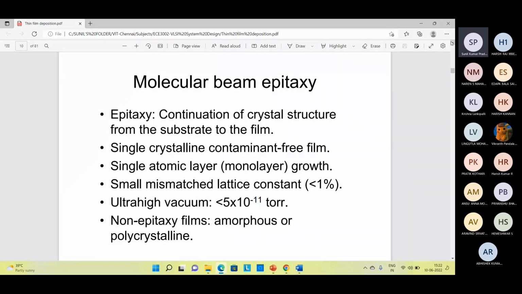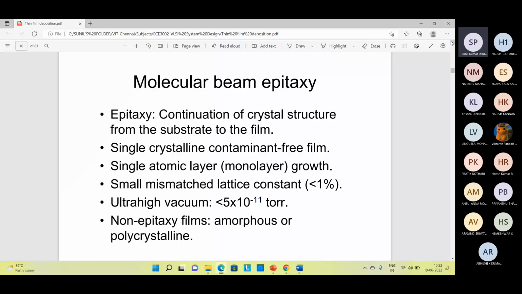Molecular beam epitaxy gives a single crystalline, contaminant free film. You can even deposit a single layer or monolayer film onto the substrate by this molecular beam epitaxy.